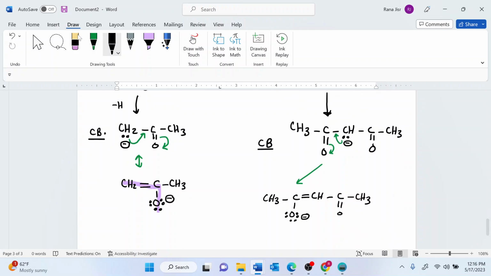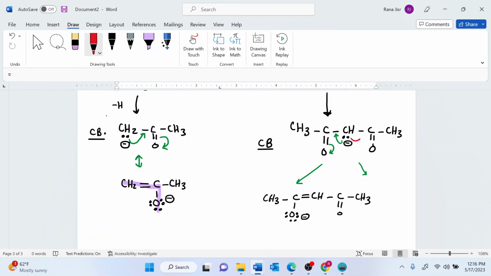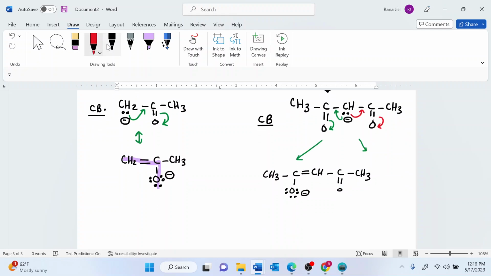Or I can have a second resonance structure where the negative charge is going to delocalize onto the other oxygen. So my second resonance structure will be this one over here. This is a double bond O, this is a CH, a double bond, a carbon. Now your negative charge is on this oxygen and the CH3.